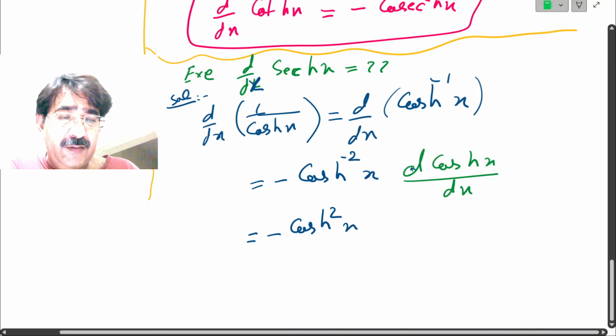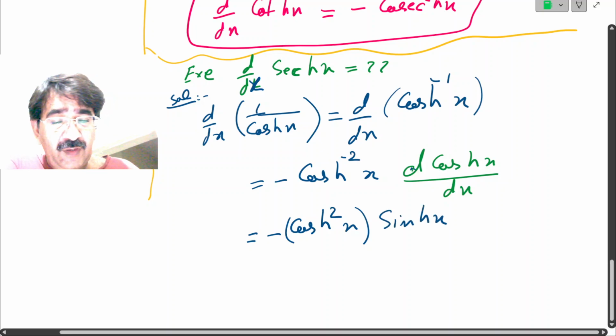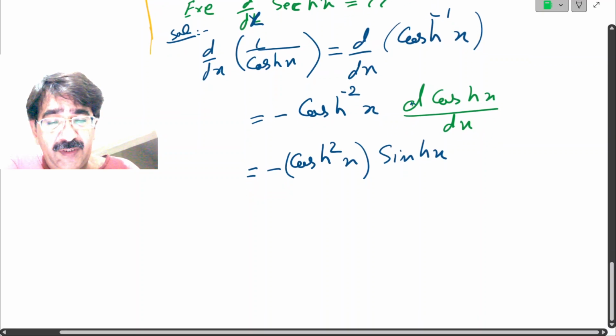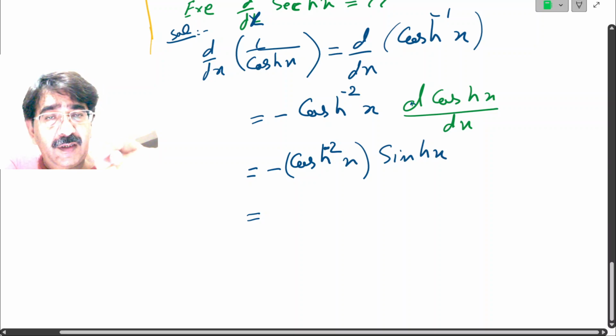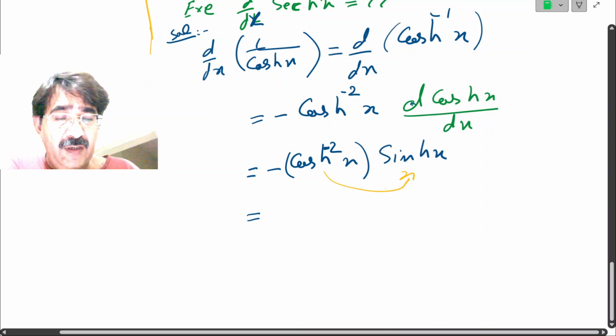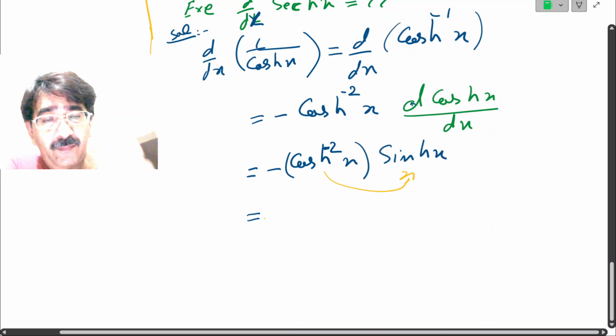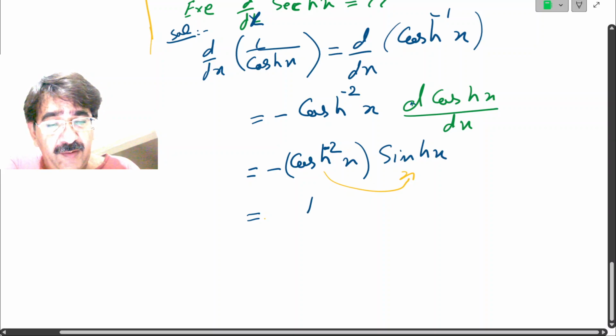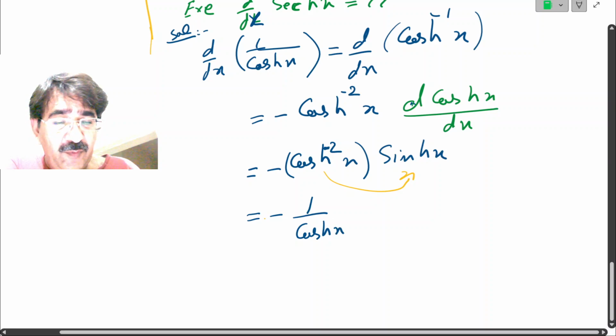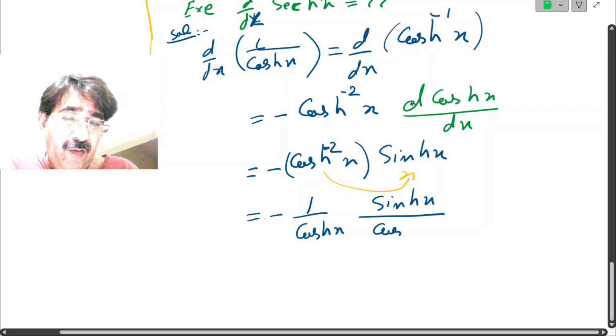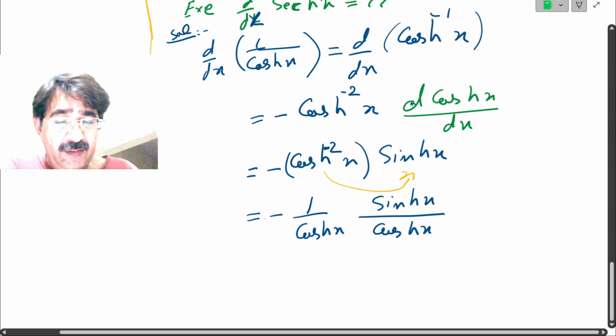The derivative of cos is sine hyperbolic x. Okay, so because here is a minus 2, it will come down, so the result will become 1 over minus cos hyperbolic x, and we may write it as sine hyperbolic x divided by cos hyperbolic x.